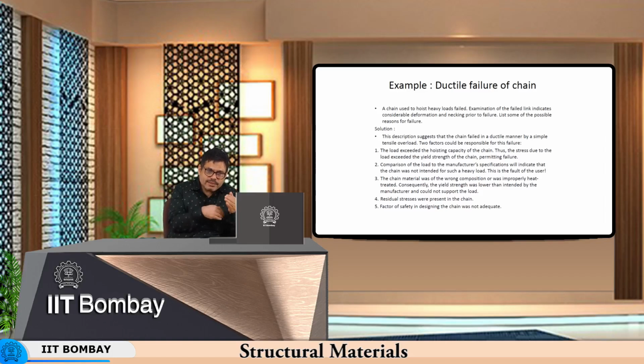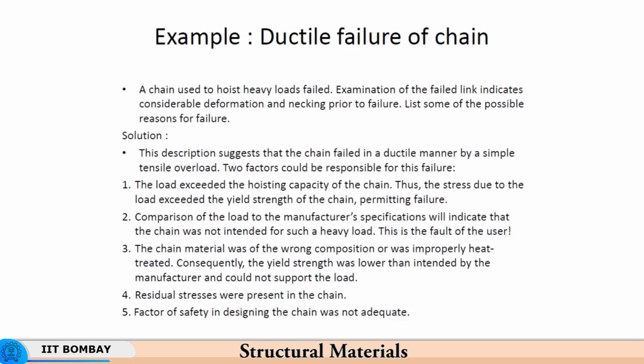So, if you want to maintain the rated capacity of the chain, and not get bogged down by the residual stresses present, then you need to have a sufficiently large factor of safety in design, so that not only overloading by the user, but also apparent overloading due to presence of residual stresses are taken care of.